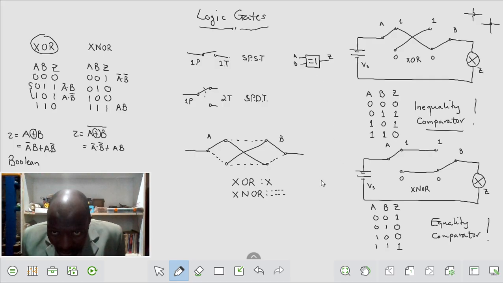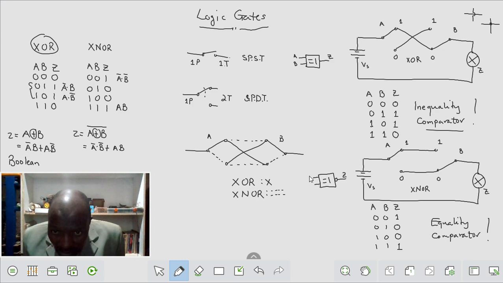Now the other one, same thing as we've seen with our symbols, except a little zero to say not. What do we have there?